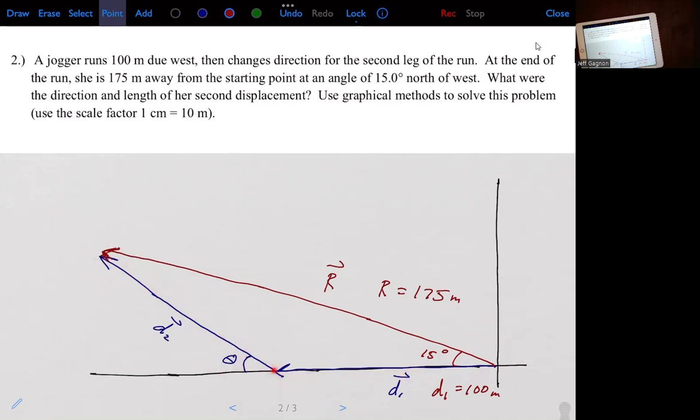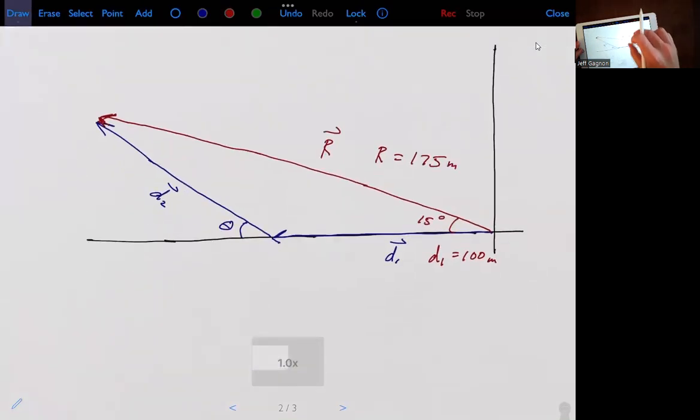Well, if I do this graphically, right, and do this carefully, then to get the magnitude of D2, I can just measure the length and convert back to meters. And then to get the angle, I can just measure it with the protractor, okay? So the unit conversion factor we want to use here is 1 centimeter is 10 meters. So let's see how long we need to draw all these.